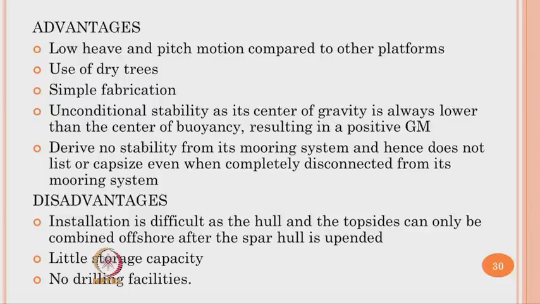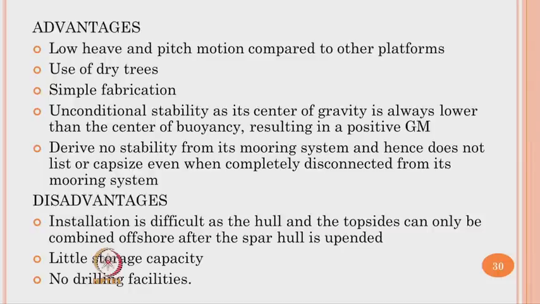It has many merits: low heave and pitch motion compared to other platforms, use of dry trees, simple fabrication, unconditional stability because the CG is much lower than the center of buoyancy, and it derives no stability from the mooring system, therefore it does not list or capsize even when completely disconnected from the mooring lines.